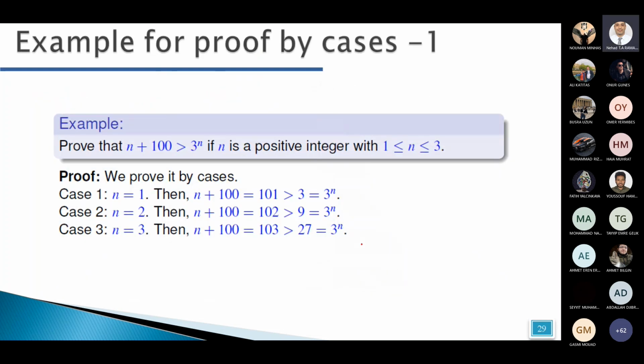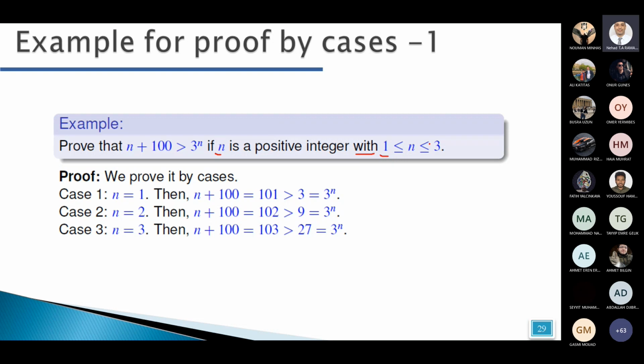This simple example says, prove that n plus 100 is more than 3 to power n if n is a positive integer with n more than or equal 1 and n less than or equal 3.